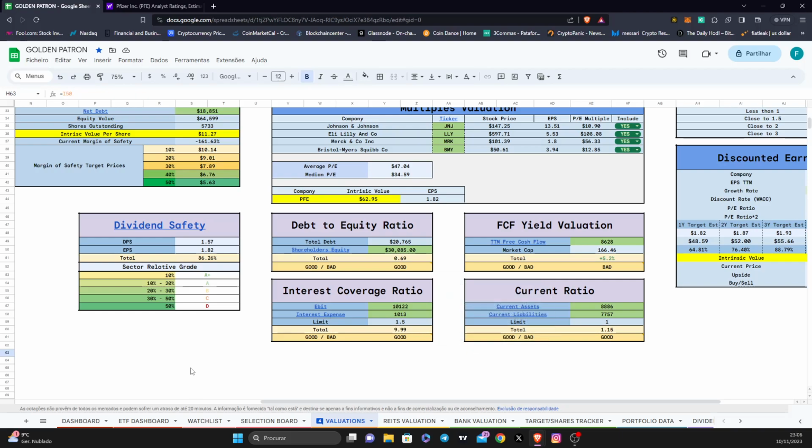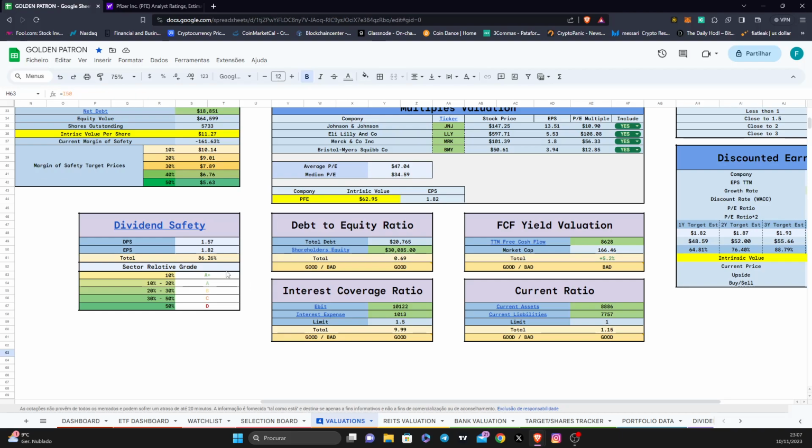Now for the ratios, the dividend safety basically just evaluates the dividend payout ratio, which is the proportion of earnings paid out as dividends. A lower payout ratio suggests that the company has more room to sustain or increase dividends.